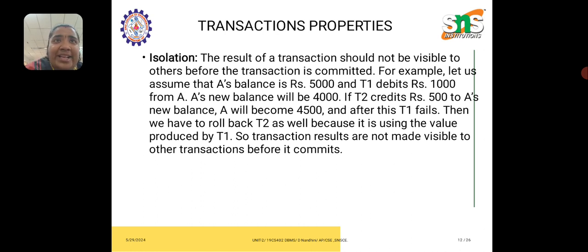It consists of x with 500 rupees and y with 500 rupees. Consider two transactions, T and T dash. In T: read of x, x equal to x into 100, write x, read y, y equal to y minus 50, write y. In transaction T dash: read of x, read of y, z equal to x plus y, write of z.